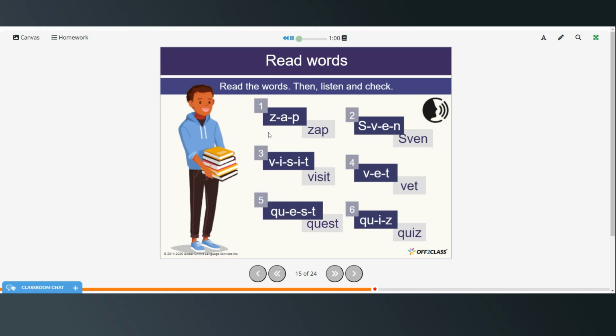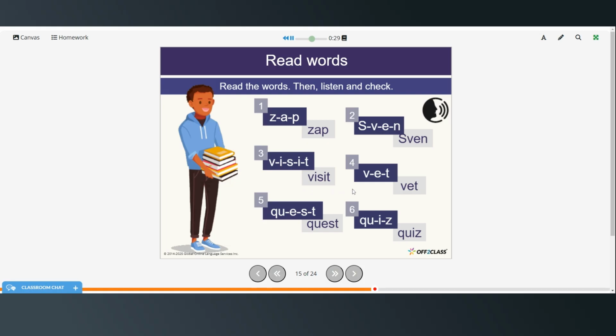Z, a, p. Zap. S, v, e, n. Sven. V, I, z, I, t.